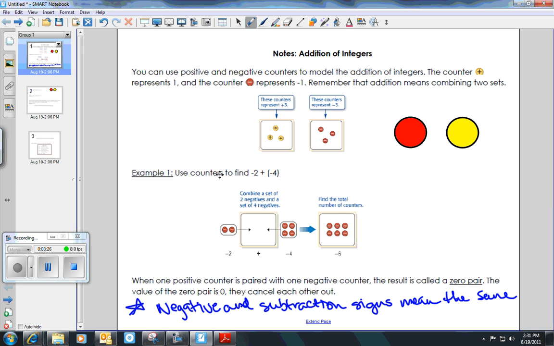For example, we have -2, and we're going to add to that -4. So if I have -2, let me put that on a, okay, I've got 2 negatives, and here they are right here. I'm going to add to that 4 negatives.